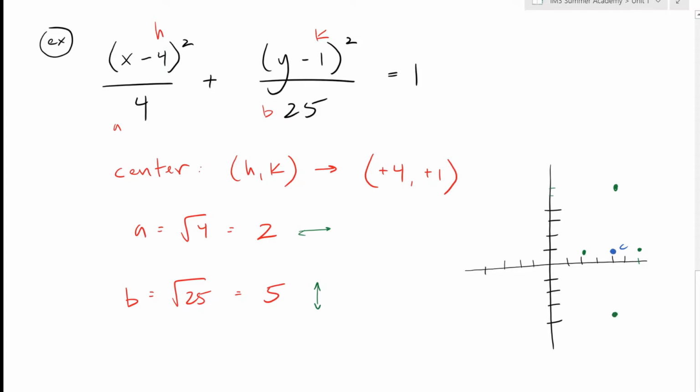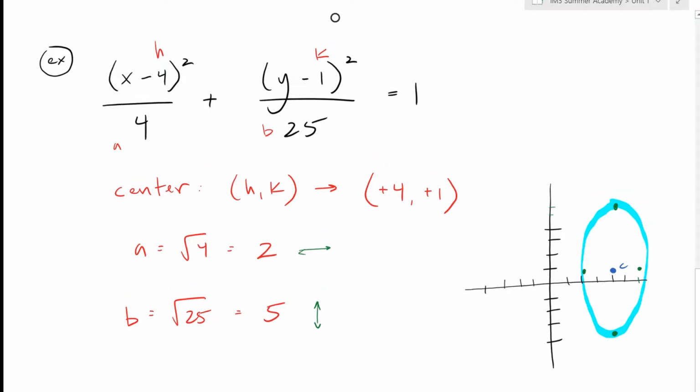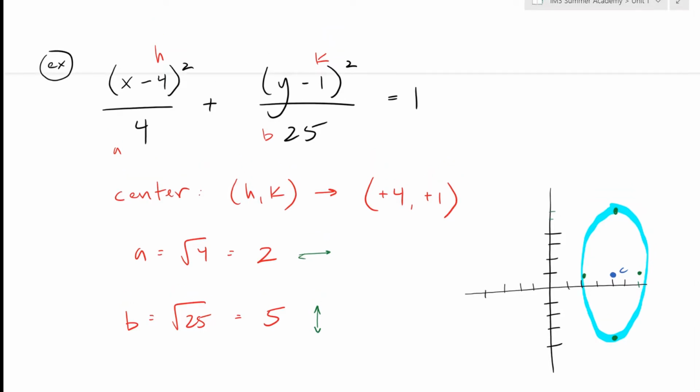And now we see we've created an ellipse that is more up and down oriented rather than side to side like last time. Now I can do better than that. There we go. Okay, so we had a side to side ellipse, we have an up and down ellipse here. Let's see one that looks a little bit trickier.